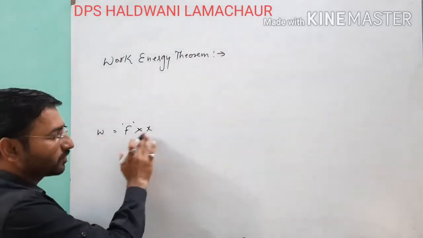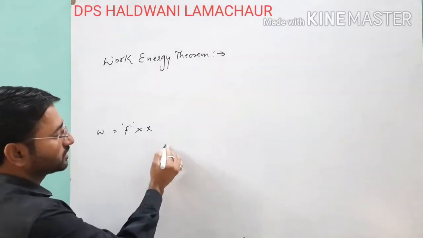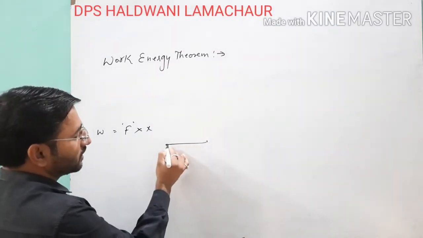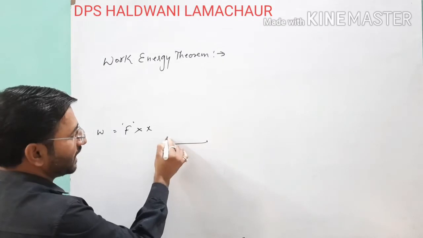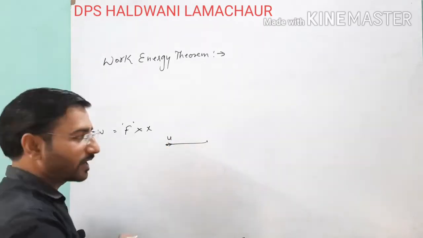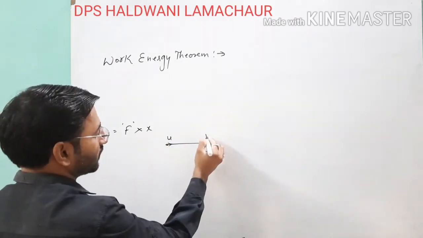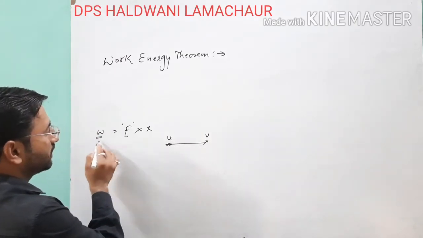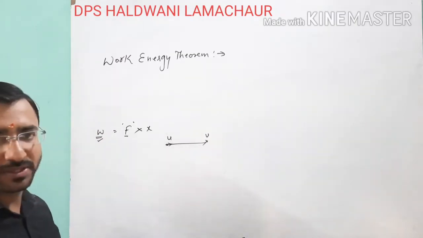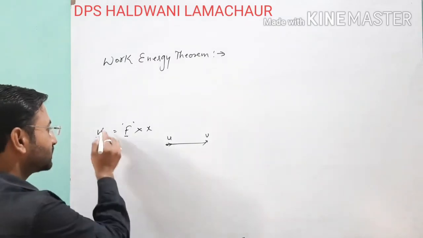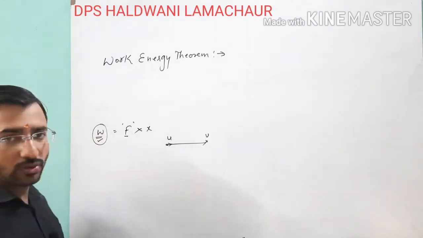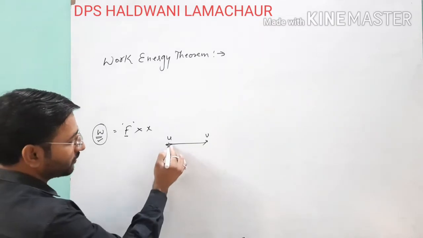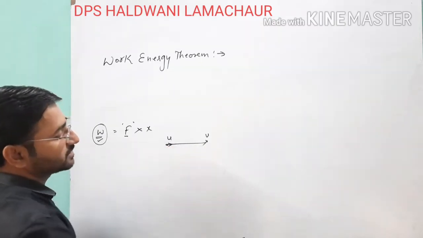If initially the object has velocity u and finally velocity v, this work done is stored in the form of change in kinetic energy of the body.